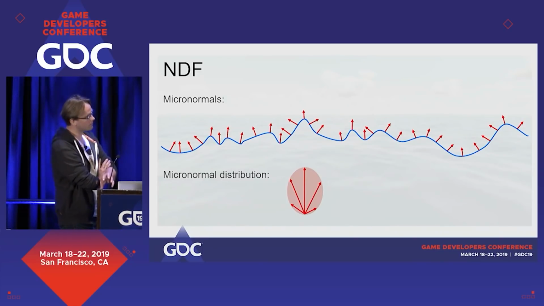In this case, for instance, you will most likely see the normals oriented vertically, and the normals pointing in other directions have less chance to appear. And if you unwrap this egg-shaped thing to the plane where angle is on the x-axis, you will see the familiar bell-shaped curve.